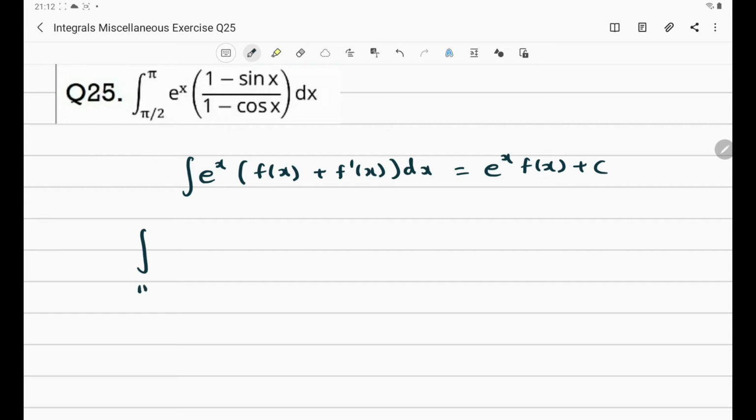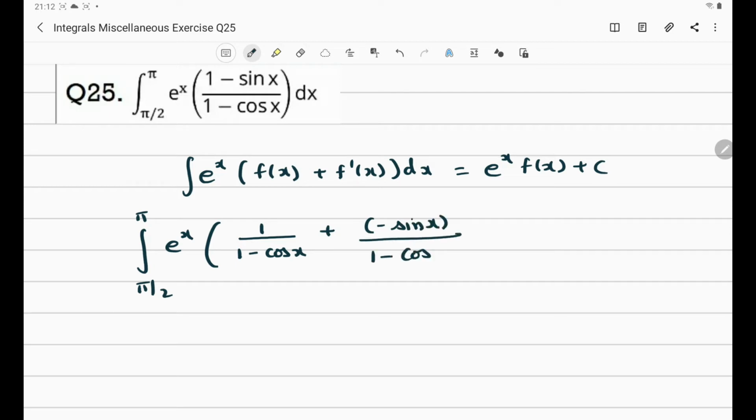So let us write this as integral from pi by 2 to pi of e to the power of x times (1 minus sin x) by (1 minus cos x), which can be written as 1 by (1 minus cos x) plus (minus sin x) by (1 minus cos x), dx.